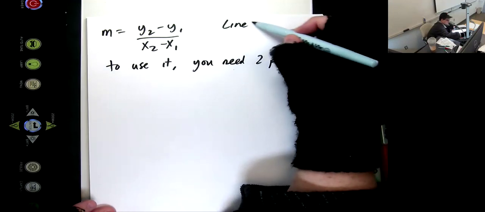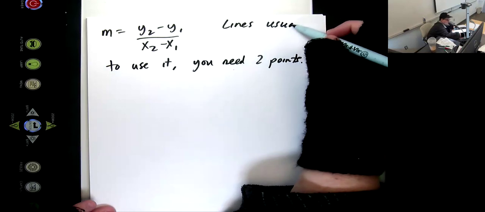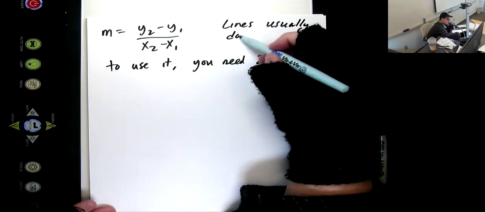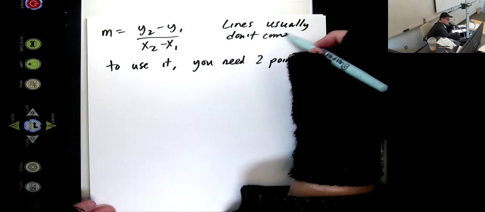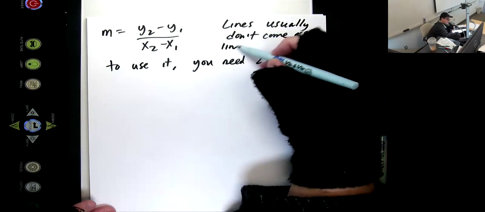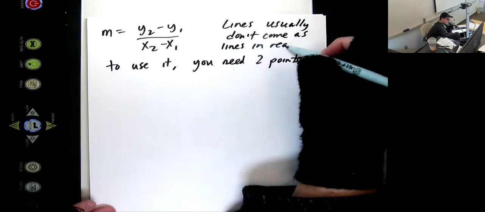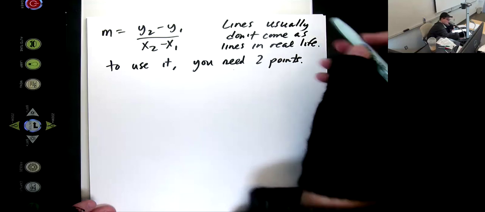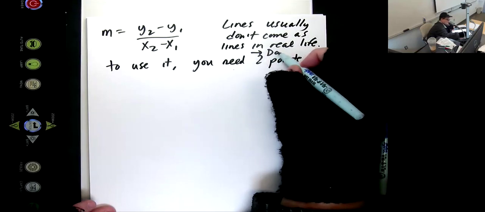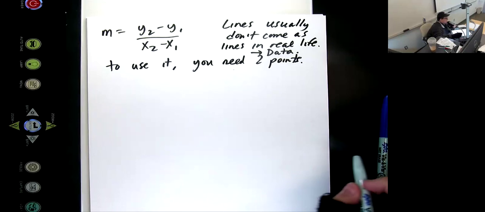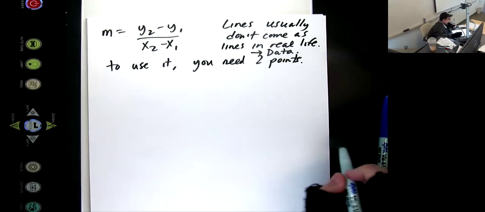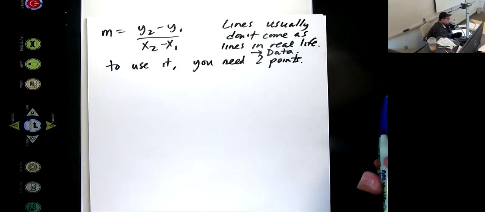Lines usually don't come as lines in real life. They come as data. You get data points, and you gotta make the line from the data points.